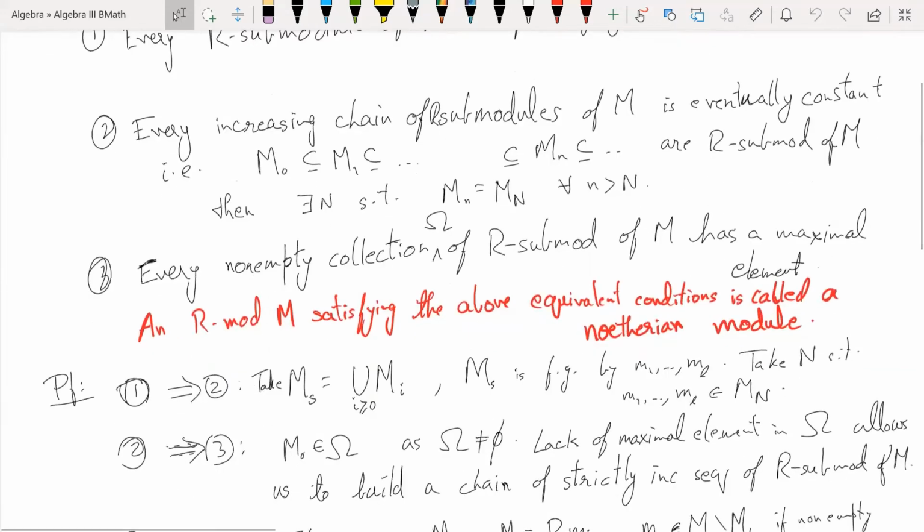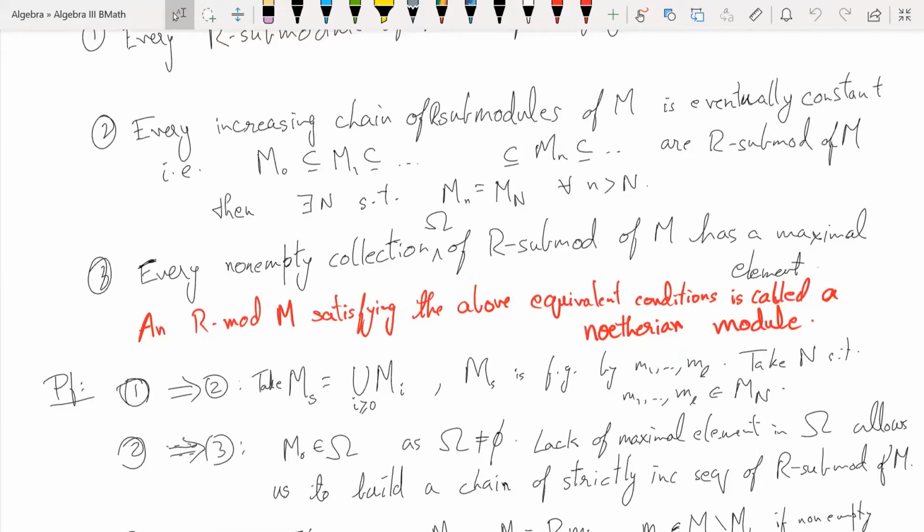Okay, and two implies three is also straightforward. We want to show that every non-empty collection of R submodules has a maximal element. Since omega is non-empty, we can find M0. The lack of a maximal element in omega will allow us to build a strictly increasing sequence of R submodules.